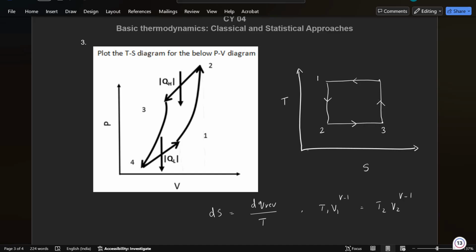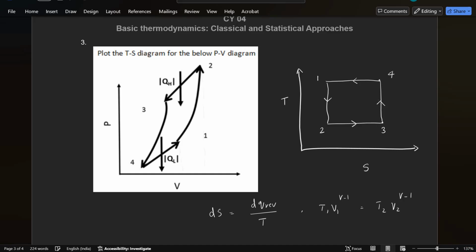Second step, to maintain the temperature, heat is going to come into the system. Since temperature is constant, it's going to be parallel to the x-axis. But entropy is going to increase because heat is coming into the system and this quantity is going to be positive.